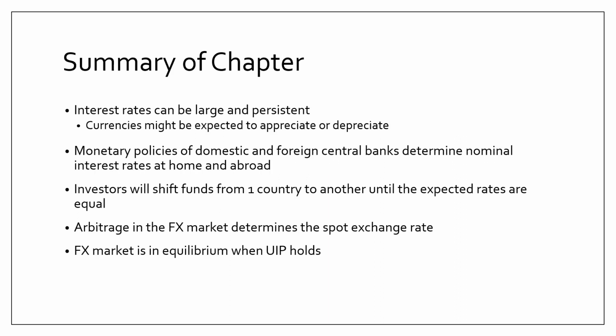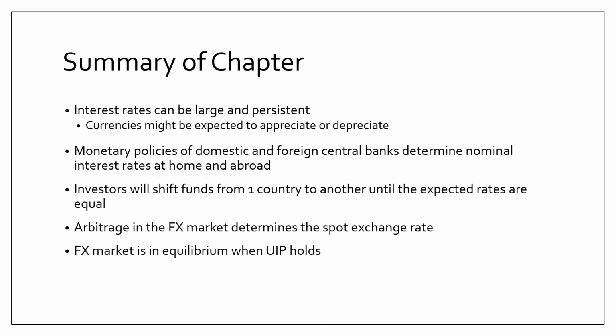Summary of chapter. Interest rate differentials can be large and persistent, and currencies might be expected to depreciate or appreciate. The monetary policies of the domestic and foreign central banks can determine nominal interest rates at home and abroad.